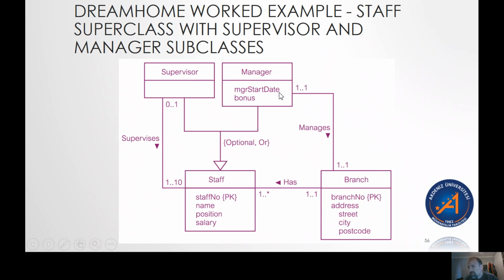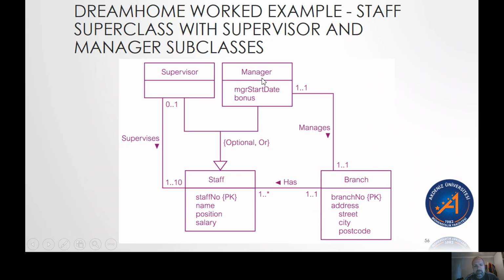All right. And here, notice we've refined some of this other relationship too. Remember, we had this recursive relationship that existed with staff to say if a person was being supervised, right? The supervises recursive relationship, we've gotten rid of that because we're saying the only type of staff who can supervise other staff are supervisors, right? So it's a special relationship now, not just this general recursive relationship. The manager, same as before.